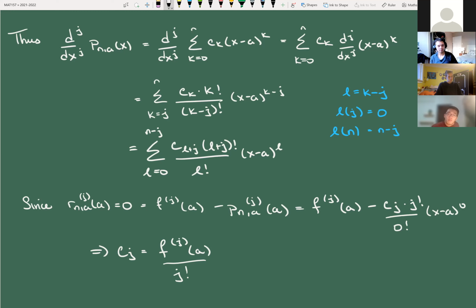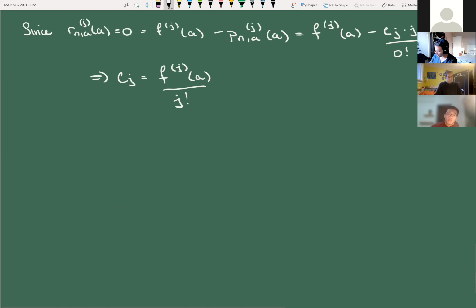Okay, sweet. So this leads us to our following definition, as we now have these coefficients.